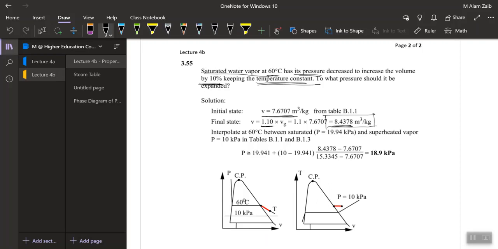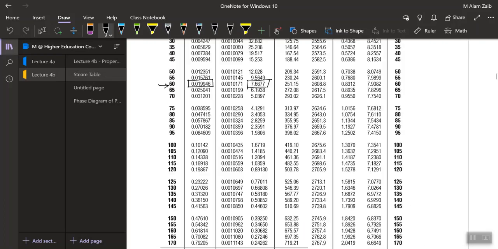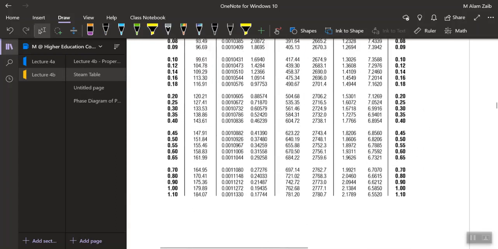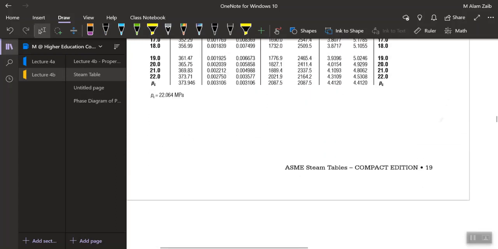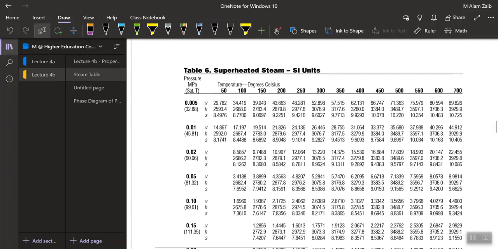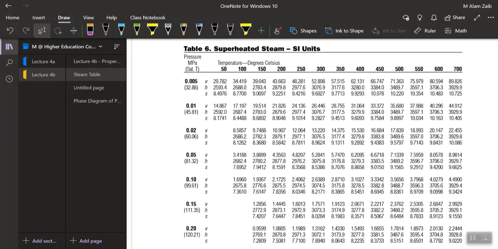If you look at the steam table, it will be very difficult to find the temperature equal to 60 degrees centigrade. So let's have a different point of view: rather than looking at the temperature, we should look at the pressure.